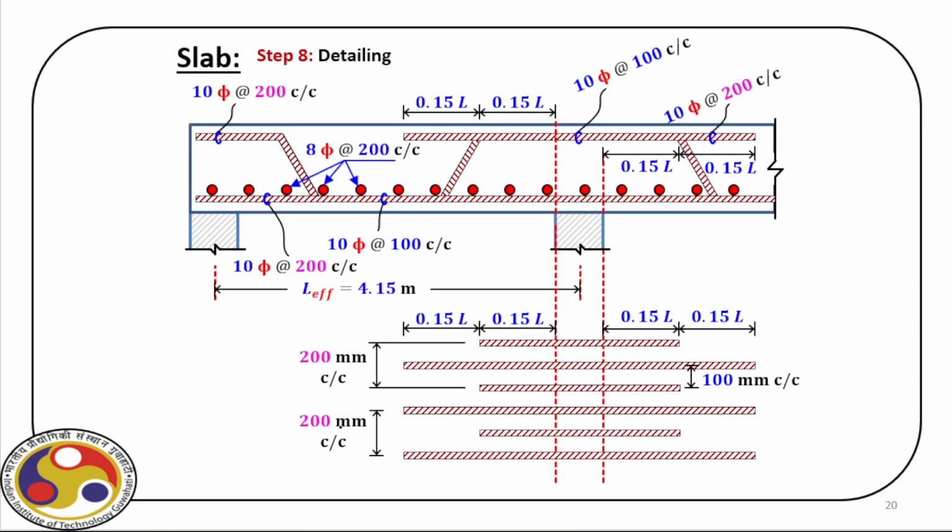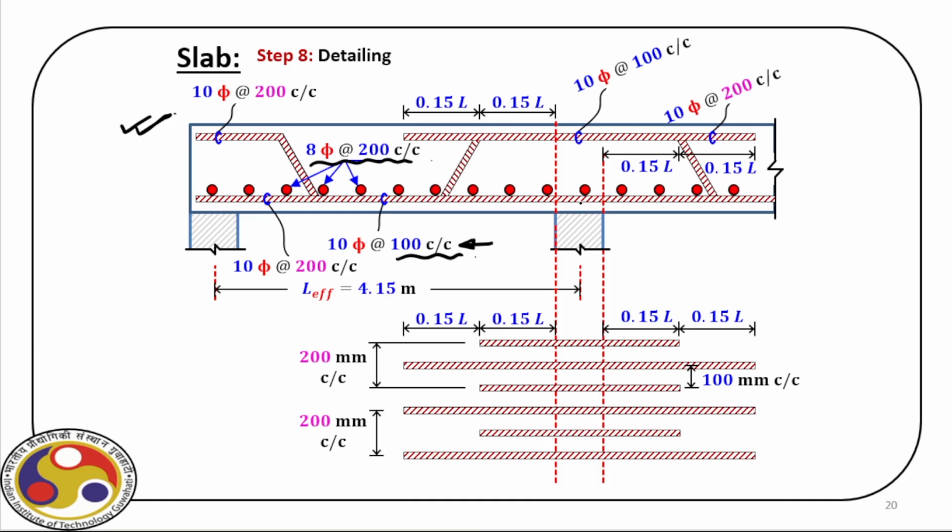Now let us see the different rebars in the detailing, right? So as you can see, we have main bars here. Recall it was 10 phi at the rate 100 center to center, so that you can see. Then we have secondary distribution reinforcement, that is 8 phi at the rate 200 center to center in the orthogonal directions.